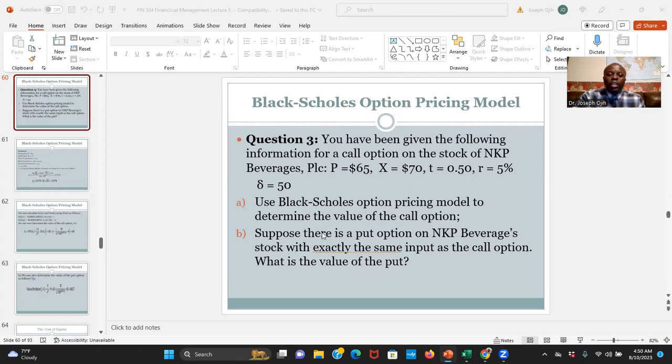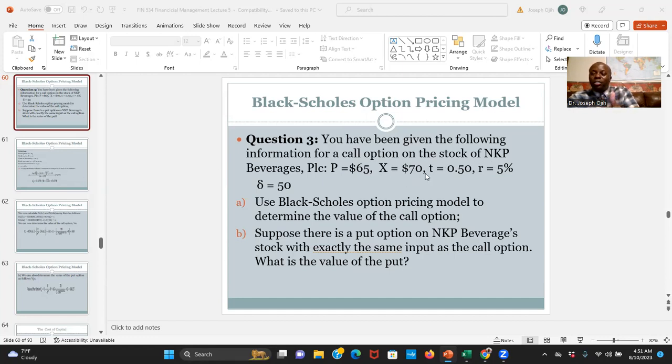Now, it says suppose there is a put option on MPK beverages stock with exactly the same input as the call option. What is the value of the put option? To calculate the value of the put option, we get the value of the call option first. So let's put these values in. Again, like I told you, since we already calculated it, all we have to do is copy the formula down to this question 3, paste it there, and change the numbers.